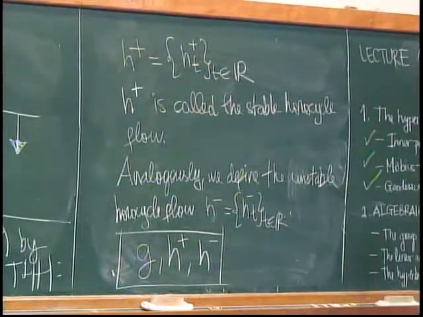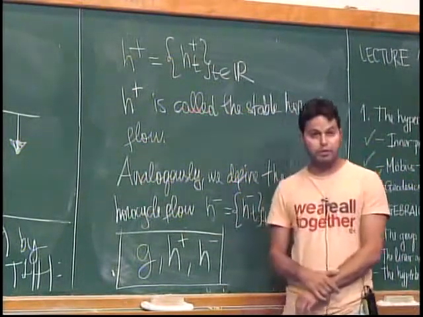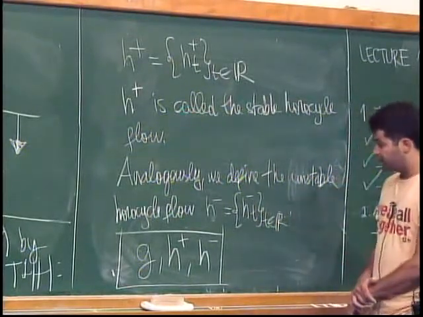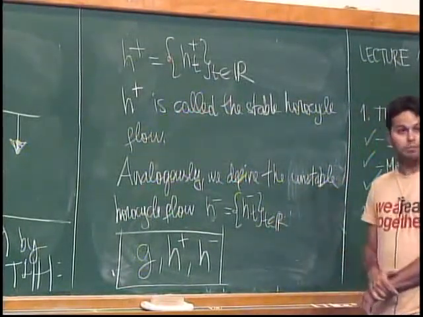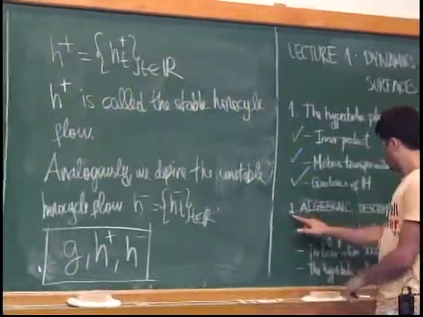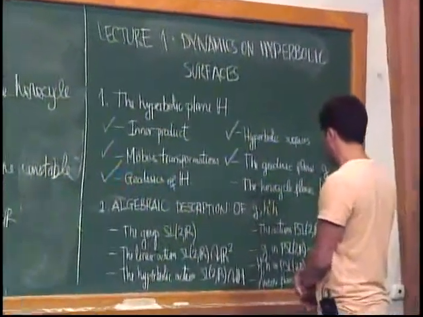So now what I will do is to try to see these three flows from an algebraic perspective, to try to represent them by a more explicit description. And this is the second part of the talk, which is the algebraic description of G, H plus, and H minus.